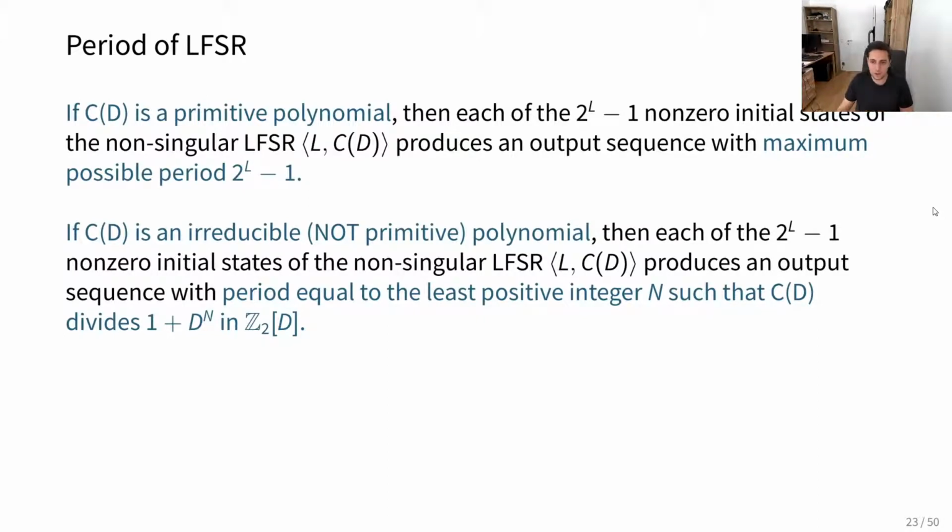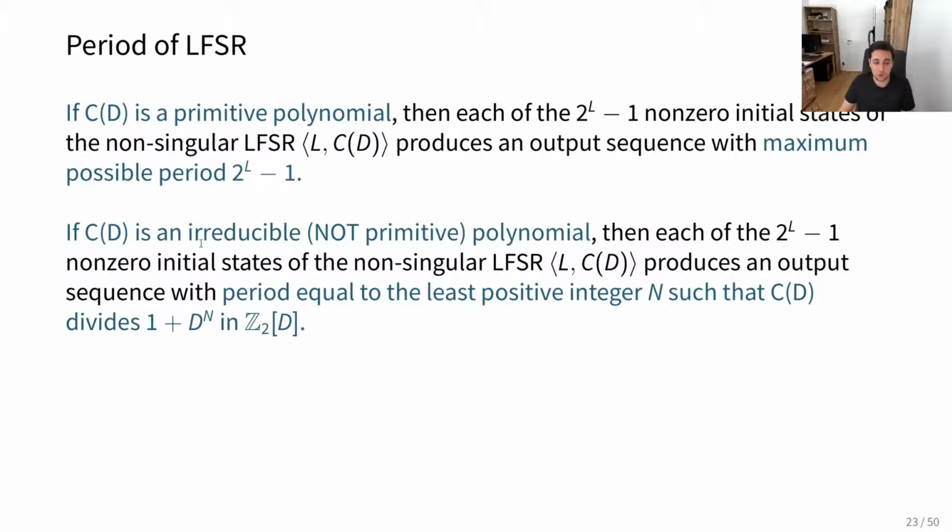If you start with a zero state, then you will quickly see, both with the Fibonacci representation and with the Galois representation, that you will only produce zeros. So this wouldn't work. You need to start with a non-zero state, and then if the connection polynomial is primitive, you generate each of the 2 to the power of L minus 1 possible non-zero states. And we will see in a minute intuitively why this works.